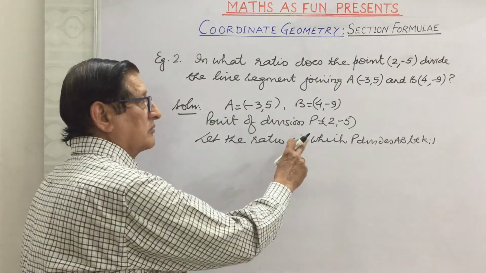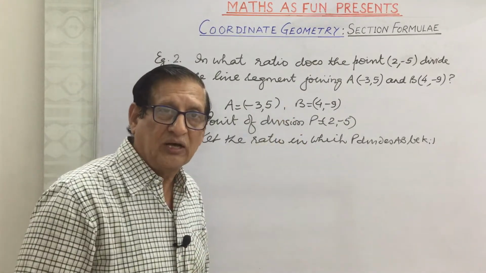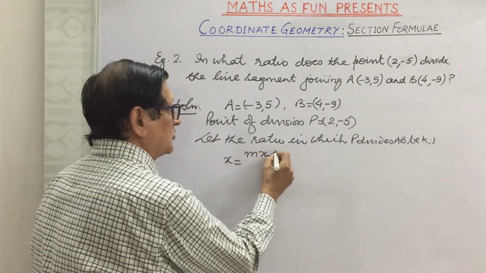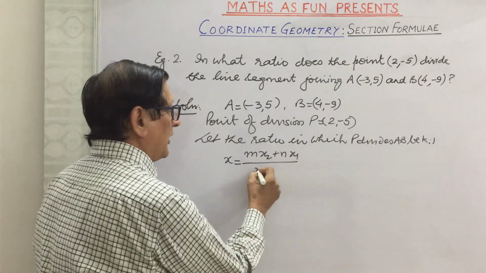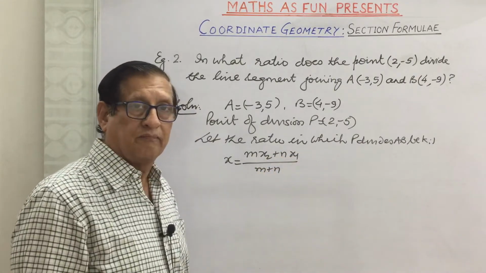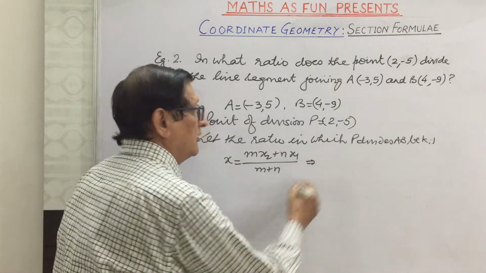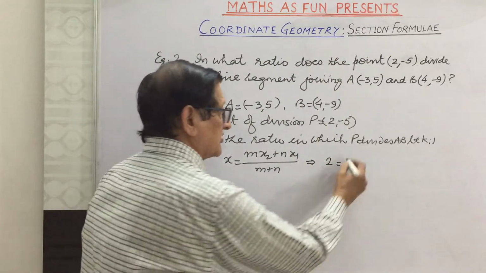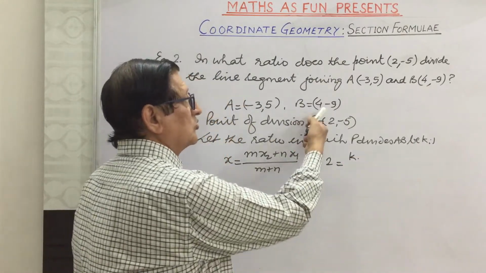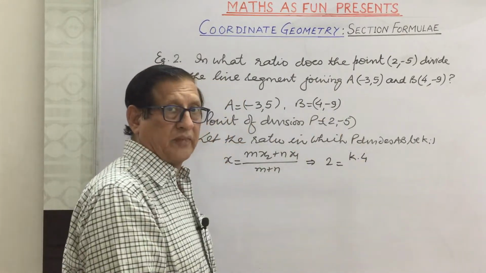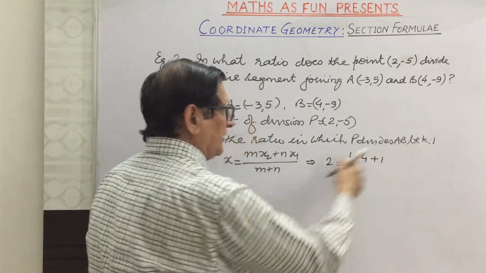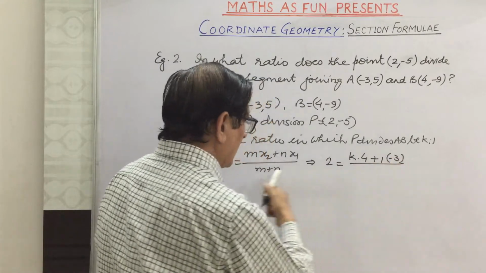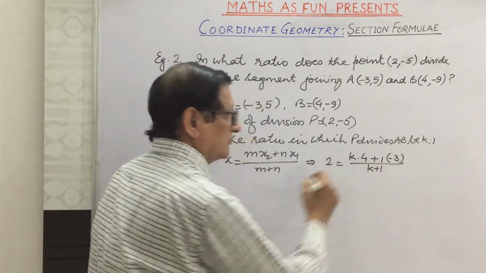Now we write the section formula. What is that? x is equal to mx2 plus nx1 upon m plus n. And we substitute it here. What is x? 2. m is k, into x2, that is 4, plus n, that is 1, into x1, that is -3, upon m plus n, meaning k plus 1.